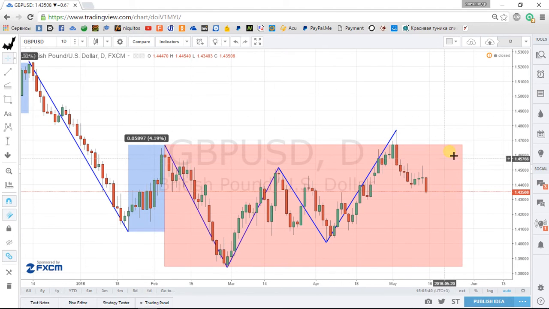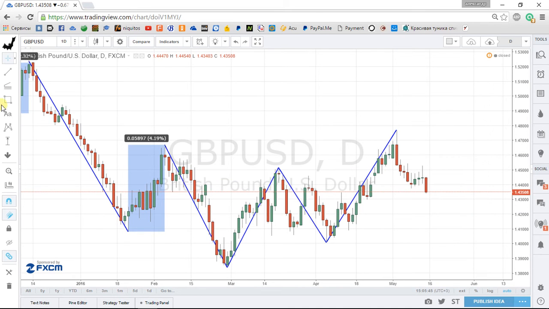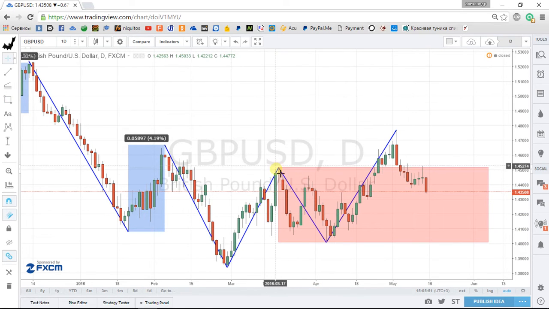That's why, let me delete this. That's why if you measure this correction as your potential buying zone, just the final point of the previous impulse and initial point of your current impulse. So where is your projection, where will price most likely go?